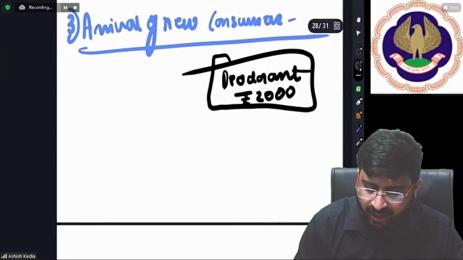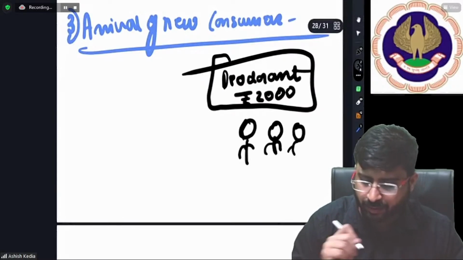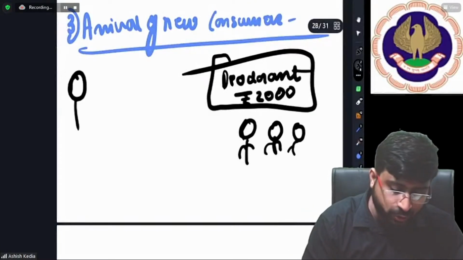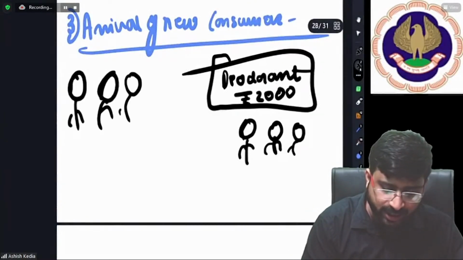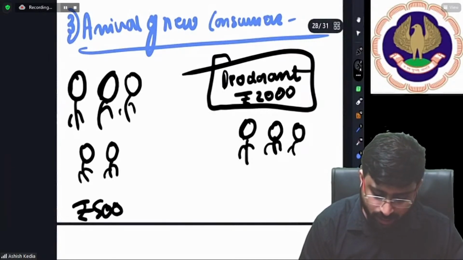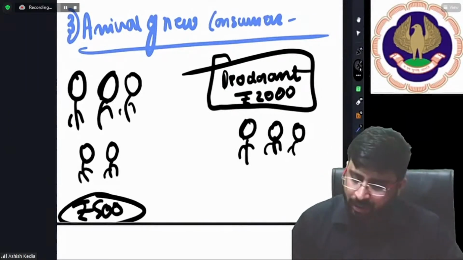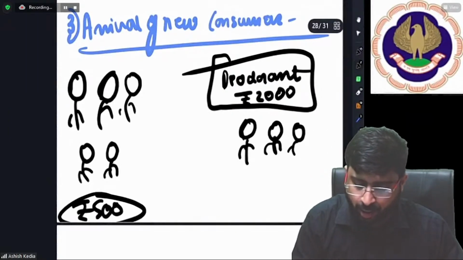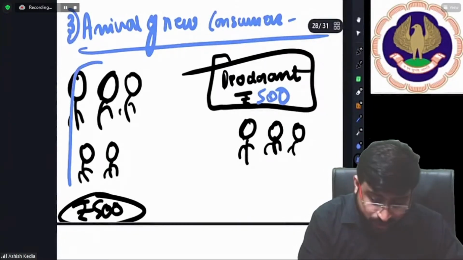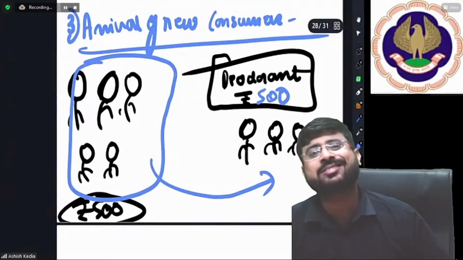Now there are these 3 consumers who are able to buy this deodorant. But now there are many consumers who only have the ability to pay rupees 500, but there is no deo available in 500. Now let's say this brand decides to reduce the price from rupees 2000 to rupees 500. Now these people who were initially not the consumers have also now entered the market as consumers.